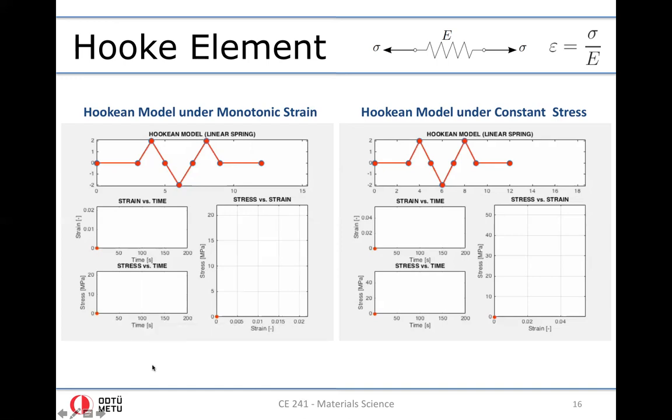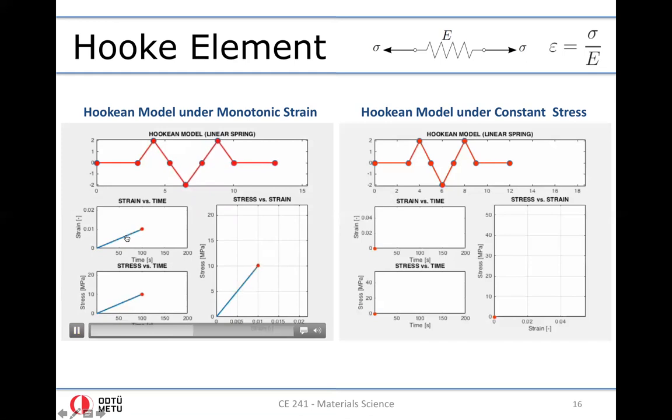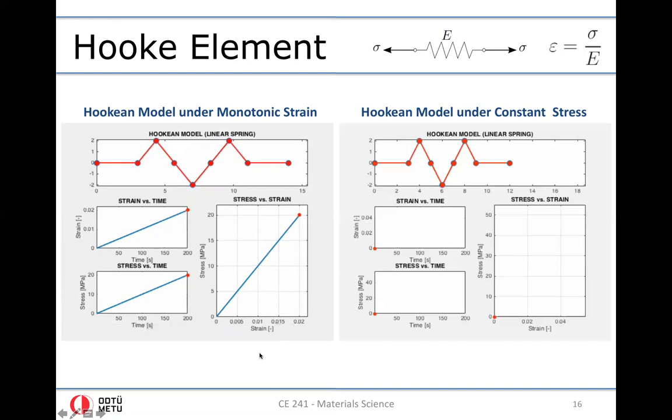Okay, so this is a movie where the Hookean model is subjected to monotonously increasing strain. So strain is prescribed as a function of time, it increases, the spring deforms, and stress also increases, and this is the stress versus strain diagram. And of course, the slope of this stress versus strain diagram is our modulus of elasticity.